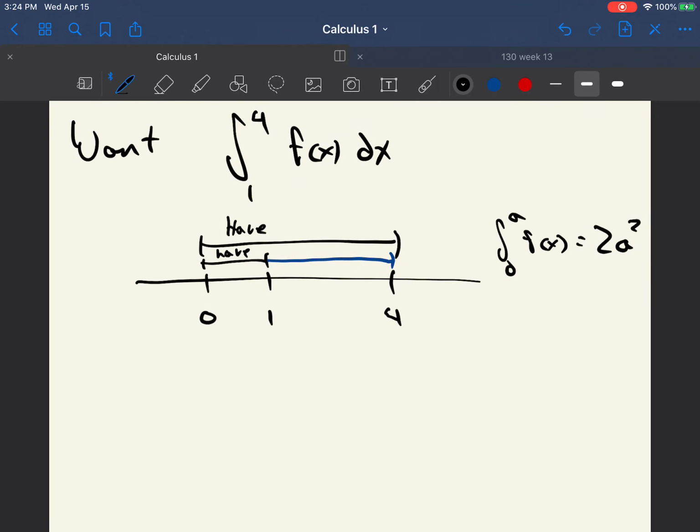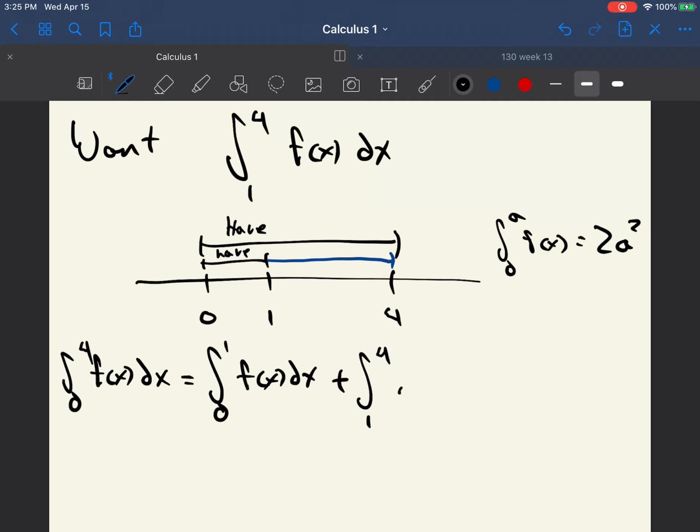So one of the properties of integrals, property number 5, says that if I integrate from 0 to 4, that is the same as integrating from 0 to 1, and then adding the integral from 1 to 4. And so this is essentially saying that you can integrate in steps, right?